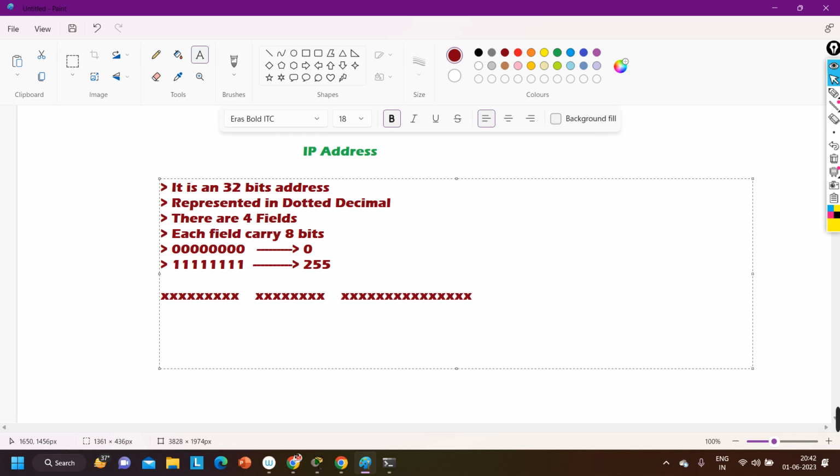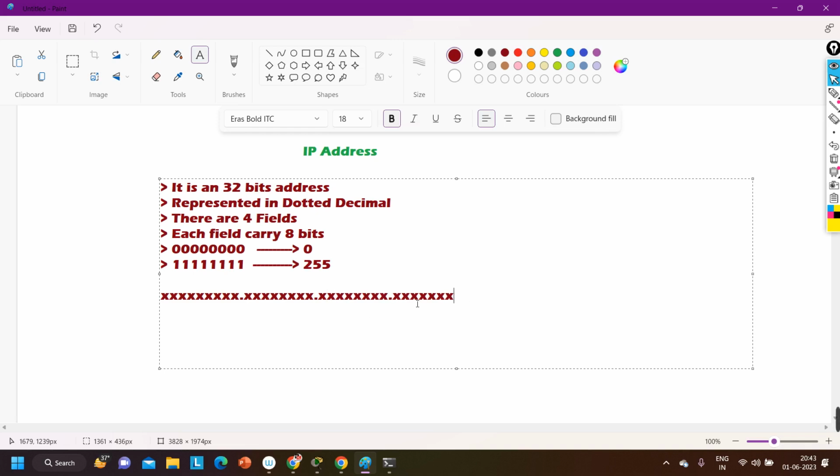What I am saying is that we separate each field with a dot. That means here we have separated 8 bits with 1 dot, here also 8 bits with 1 dot, and here also 8 bits with 1 dot.